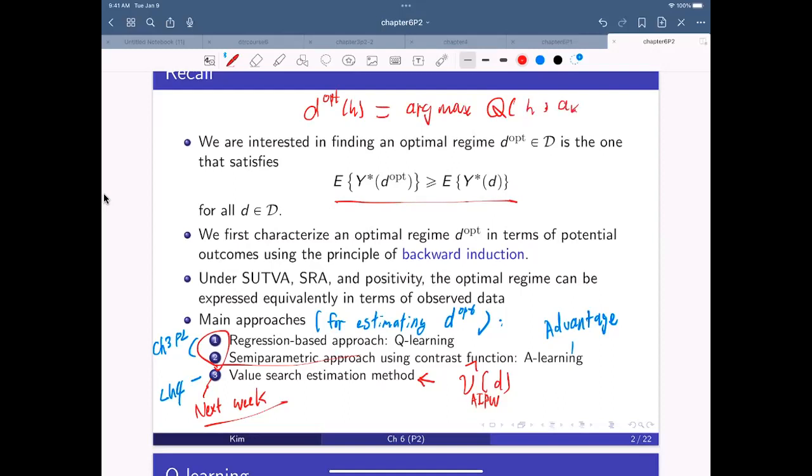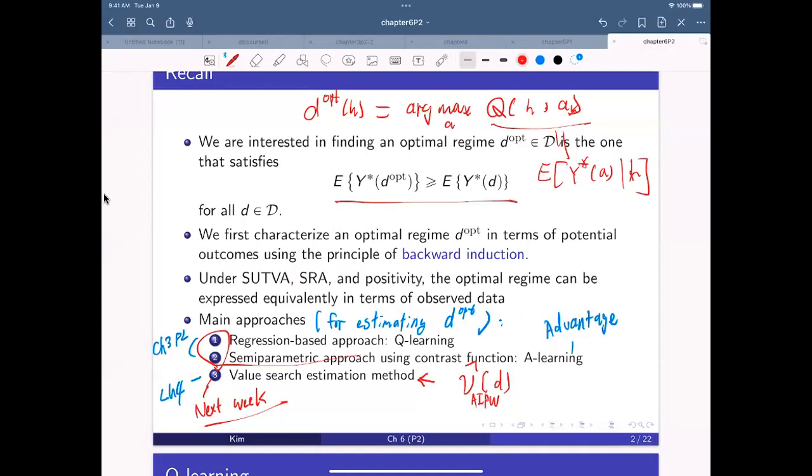This Q is a conditional expectation of the outcome given A and the history.